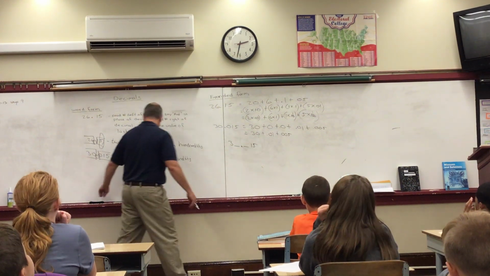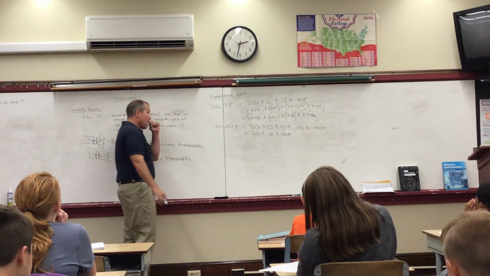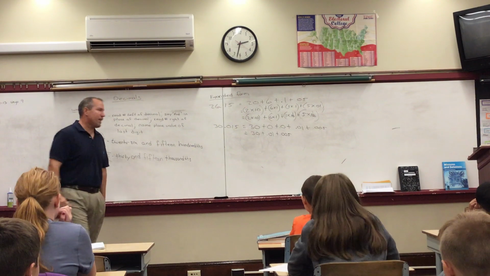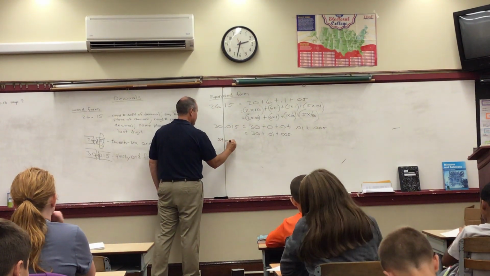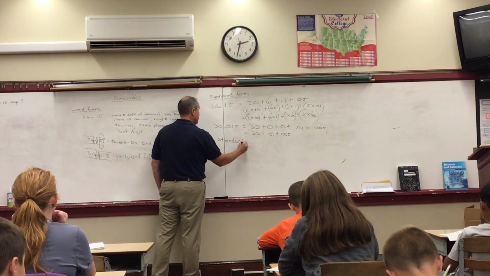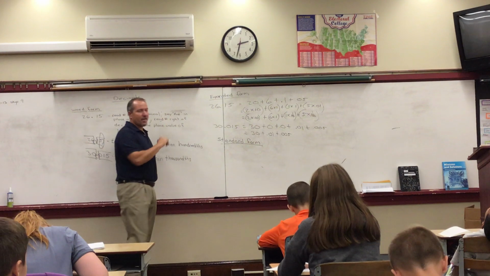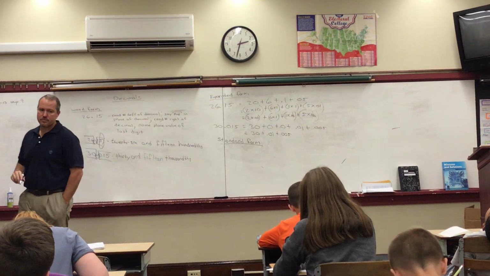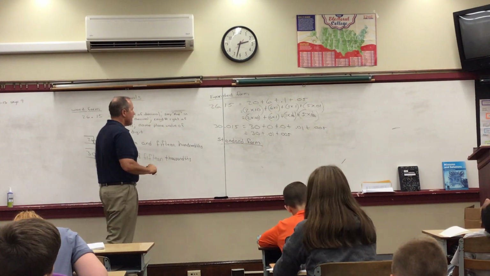And so that is expanded form. And then finally we have standard form, or once again, standard notation. And that's just simply the way we're used to seeing numbers written.